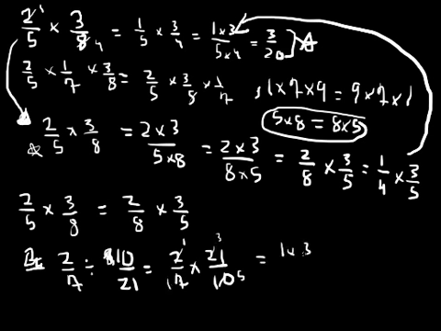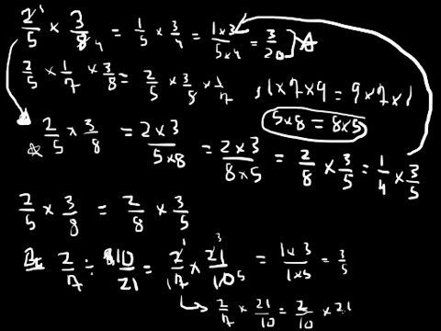So you got 1 times 3 over 1 times 5, which is 3 over 5. Essentially what we did here is, 2 over 7 times 21 over 10 is 2 over 10 times 21 over 7. You haven't broken any rules. You haven't done anything you're not supposed to. This just makes it easier. You just switch the ordering. This just makes it easier to see how one can reduce into something like that.